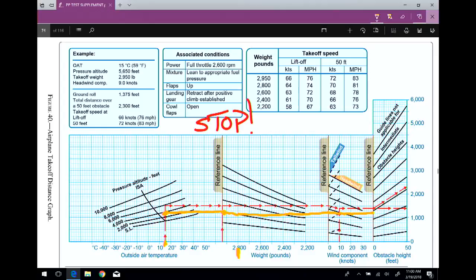Now then, Solomon, the very end of these instructions were to determine the total distance required for takeoff to clear a 50-foot obstacle. So now, young man, what do I do? You follow the, I don't know what to call these bold black lines.